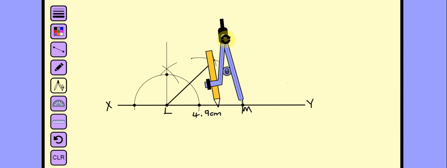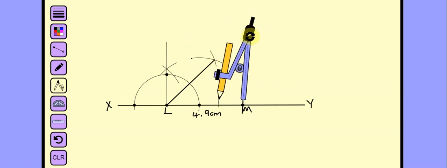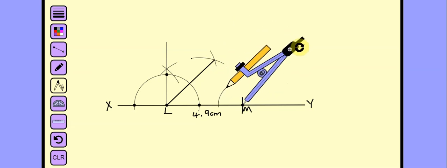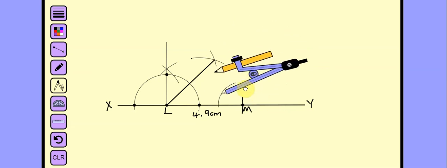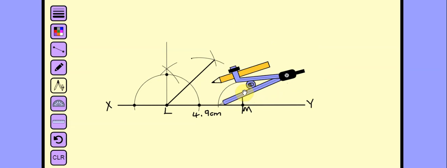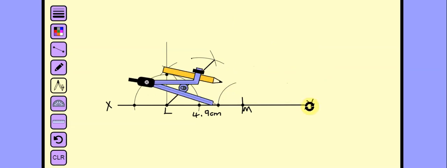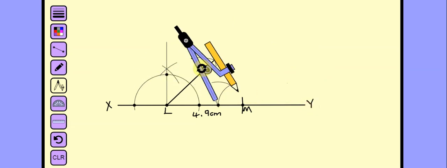And we are going to scribe an arc to cut the line XY and coming up above M. We will then move the point of our compass and then scribe another arc to cut the previous arc.